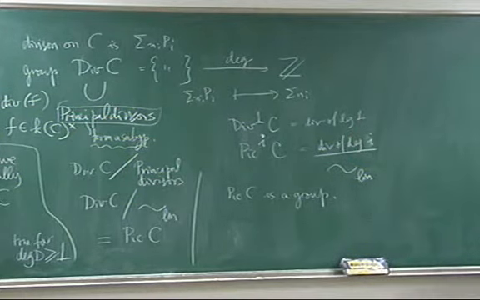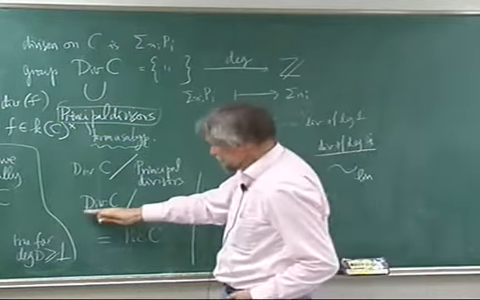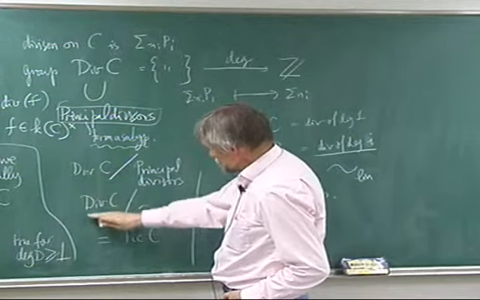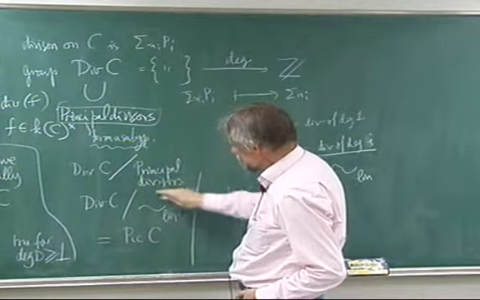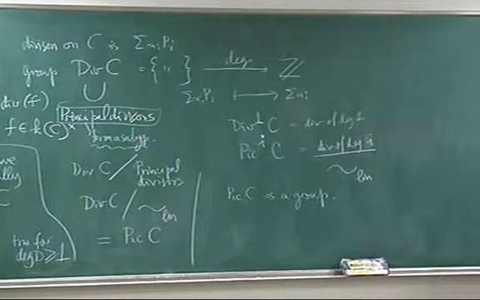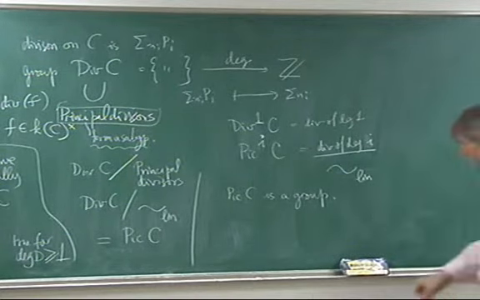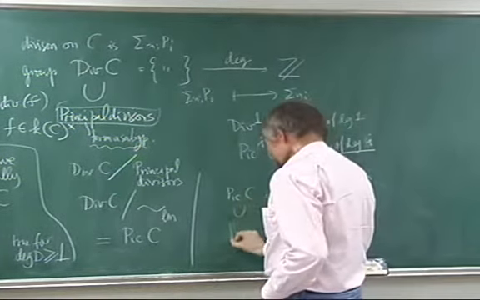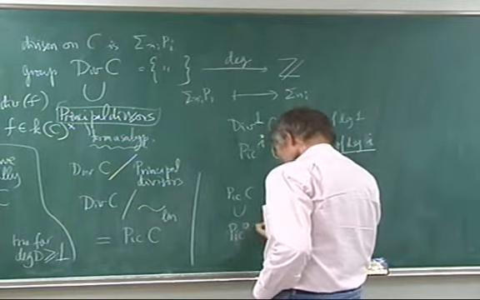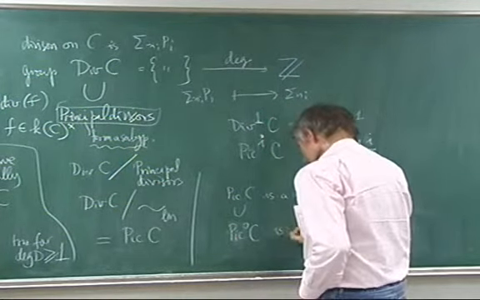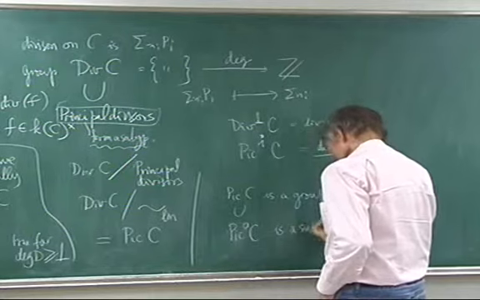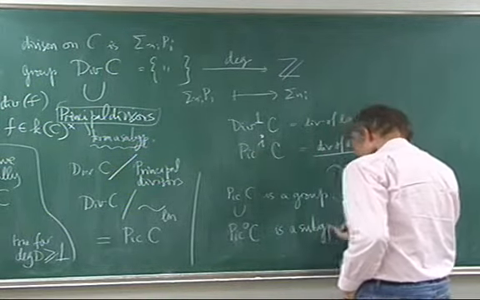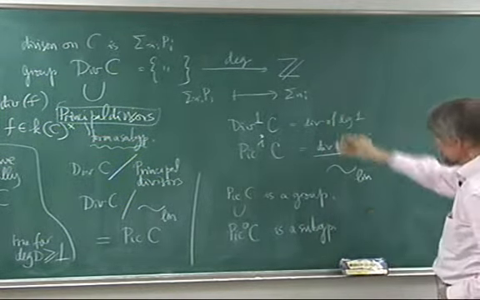It's a group divided out by a subgroup, a quotient group. And inside here I have Pic 0 of C. This is also a subgroup. It's just the kernel of the degree map, if you want.